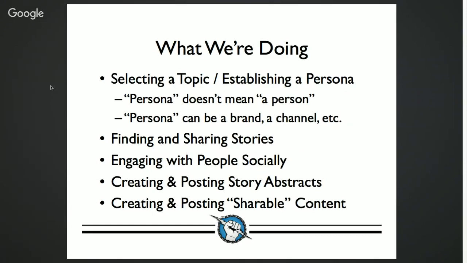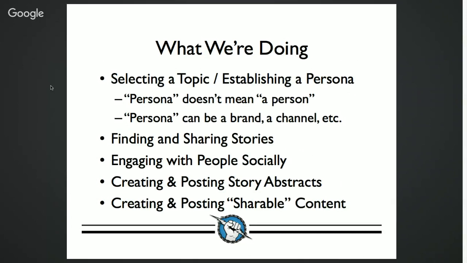It really can be about the audience and who we're trying to reach. And the persona doesn't necessarily mean a person. Persona can be a brand, a channel, or a website, but it's really more about the persona having a consistent voice and not being just randomly all over the map with what you share, what you say about it, stuff like that.